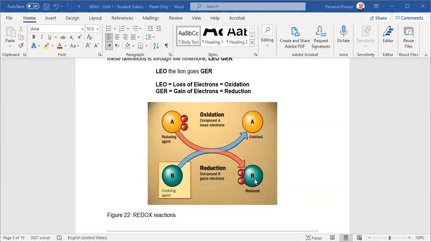When an enzyme is going to be in the proximity of a reduced compound like B here, the electrons that are now available on compound B are going to be transferred to the structure of the enzyme. Now those electrons are going to jump between different amino acids that are making that enzyme.